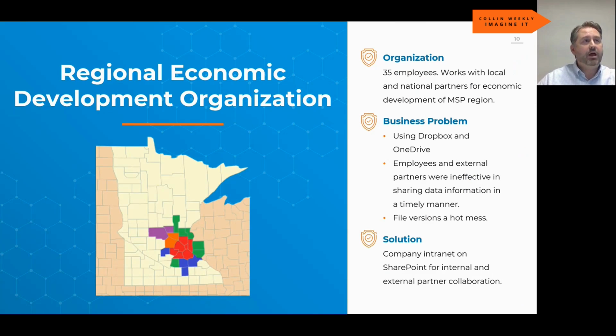So moving on here, we have a regional economic development organization. This is a local and national partner for economic development in the Minneapolis-St. Paul region. They do have outstate offices as well. But here's a typical problem that perhaps some of you can relate to: we have some files stored in Dropbox.